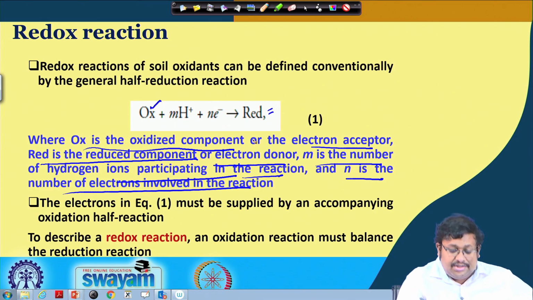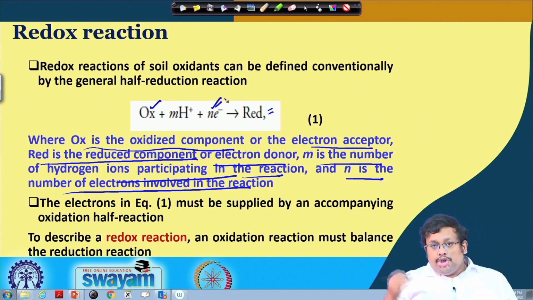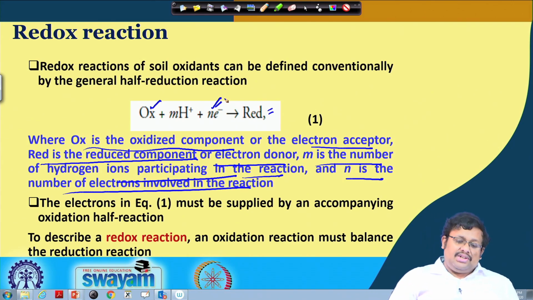So, the electrons in equation 1 must be supplied by an accompanying oxidation half reaction. Remember, we have talked about that oxidized species and the reduced species should coexist. So, the electrons which are basically accepted by the oxidized species to get reduced should be donated by an accompanying oxidation half reaction.